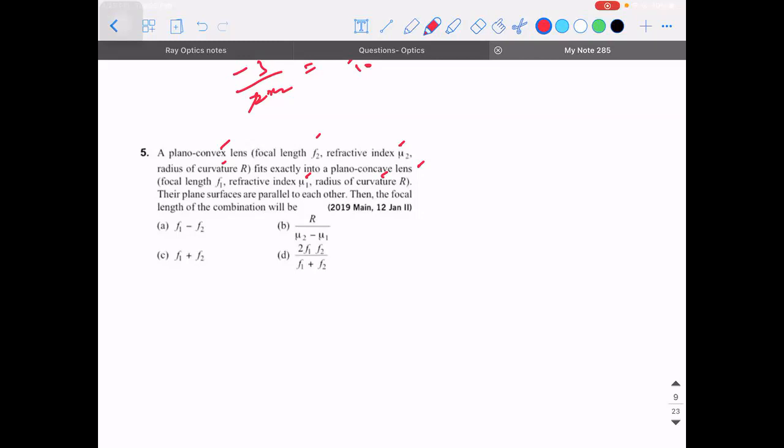Read the question, try this out, and tell me how to solve. There is a plano-convex lens of focal length f2, refractive index mu2, radius of curvature r, fits exactly into a plano-concave lens, means they both are like this.